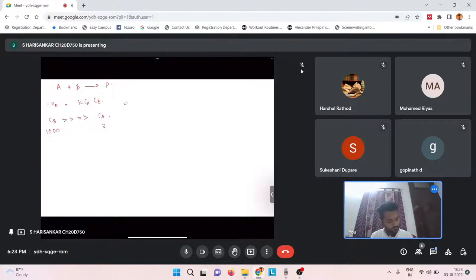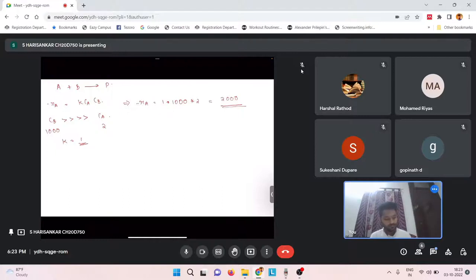Now if we calculate the rate, let's take K as 1, just for concentration sake. So this rate will be K CA into CB, that is 1 into 1000 into 2. So this will be 2000.